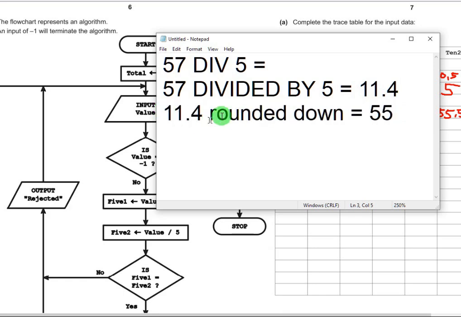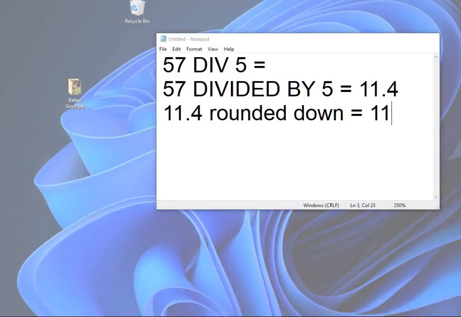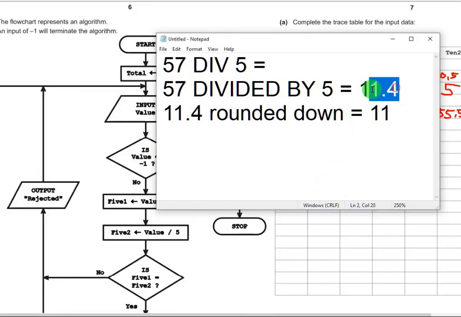Round down, it will become 11. Okay, round it down. So this one is 11, and this one is the regular division. It will be 11.4. As this one, see, 11.4.